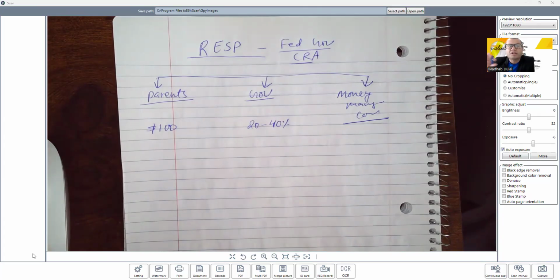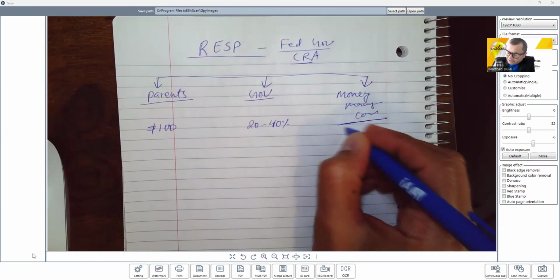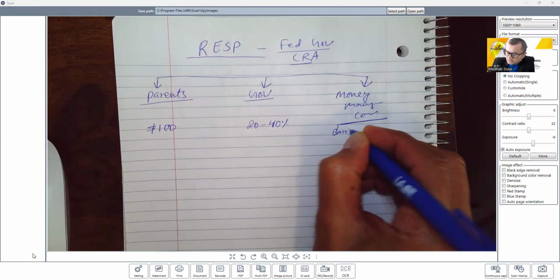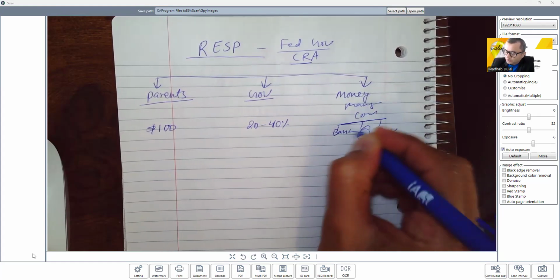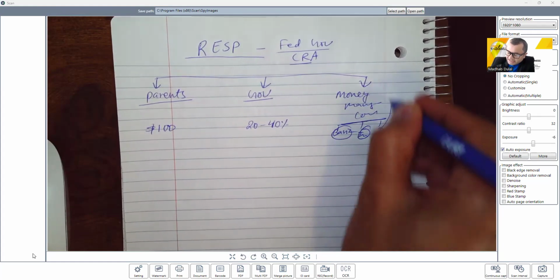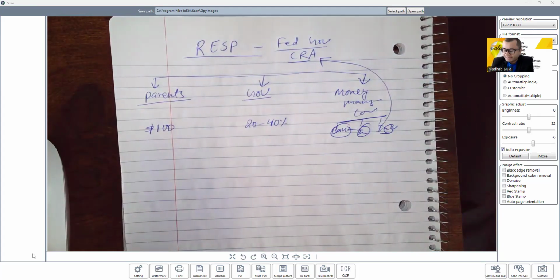You don't need to worry about it once you open it, because they adjust it automatically since we put in a SIN number. The money managing company could be a bank, an insurance company, or an investment company. Anyone can hold this account because they directly tie up and coordinate with the CRA.